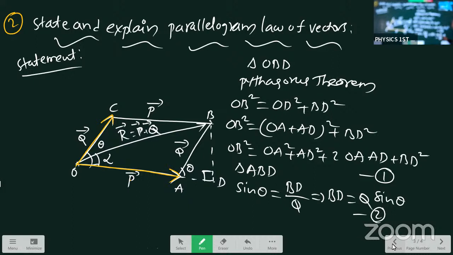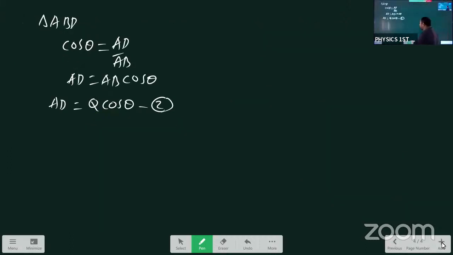From equation 1, equation 2, equation 3, we can get the resultant equation. Before that, OB square: substitute values in equation 1. OB is nothing but R, the resultant of P plus Q. OB square is nothing but R square.